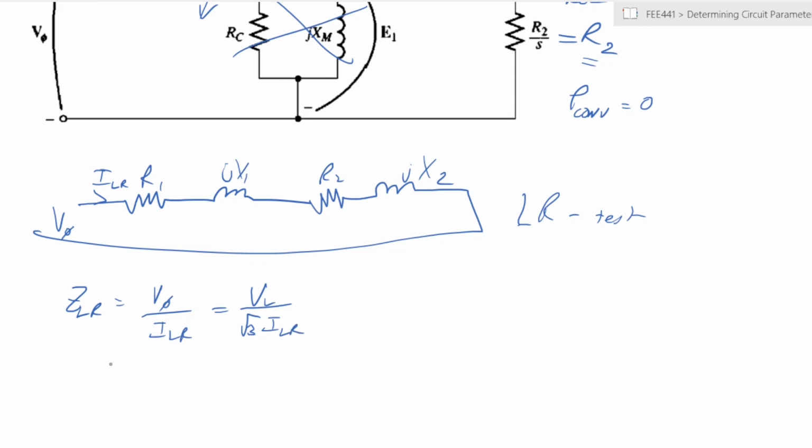So this means that our ZLR is actually equal to RLR plus jXLR, where RLR is equal to R1 plus R2 and XLR is equal to X1 plus X2.